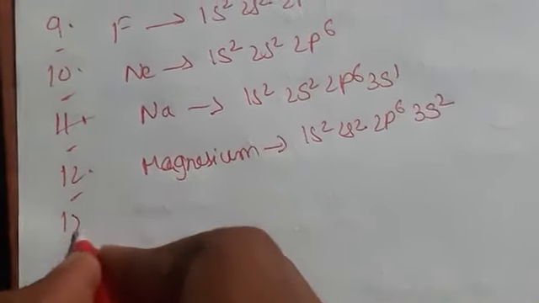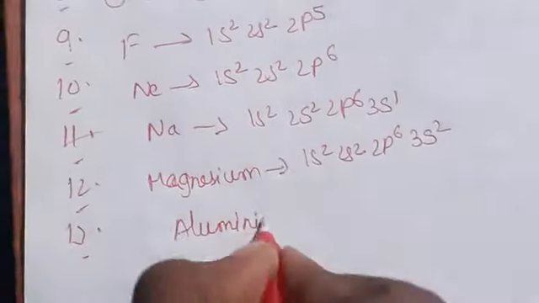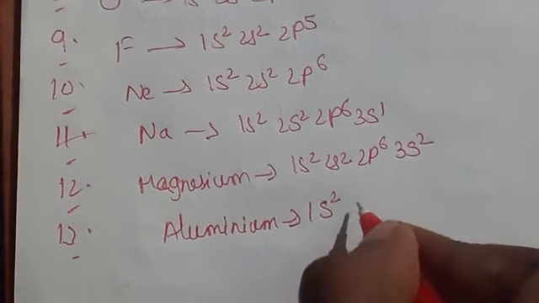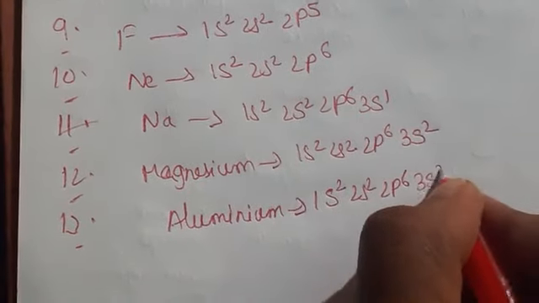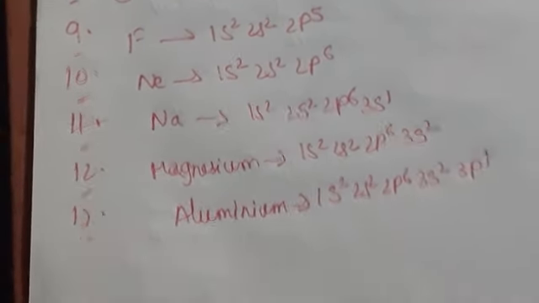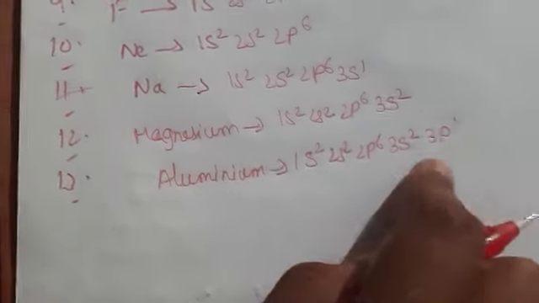And the 13th element is aluminium. For aluminium the electronic configuration is 1s2, 2s2, 2p6, 3s2, 3p1. If you have observed, 10 plus 3, 13.